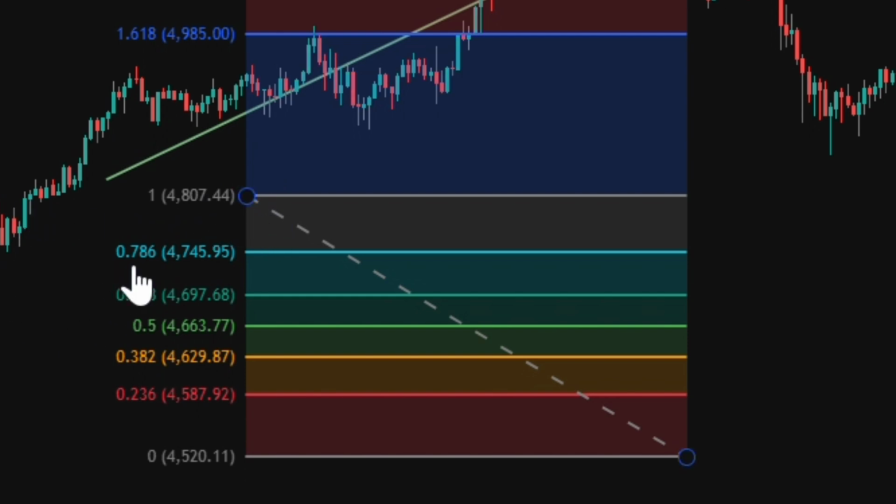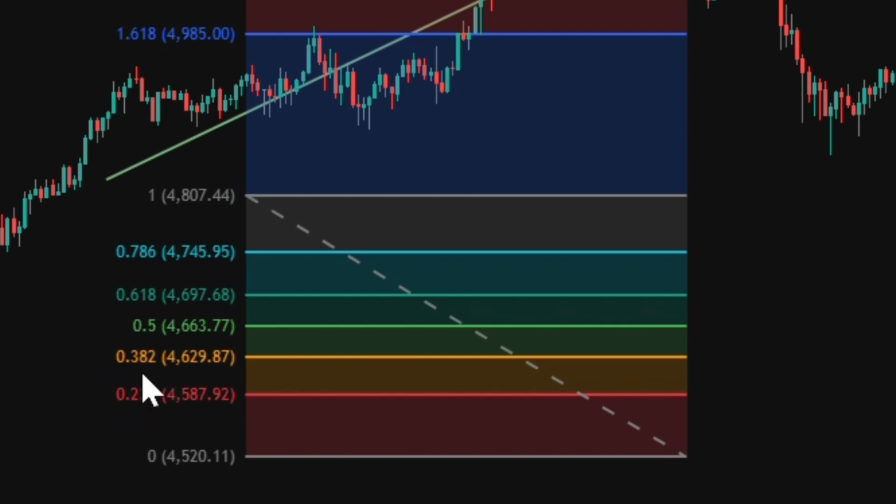Okay, this 0.786, it is for trend reversal. 0.618 is usually used on a lower time frame to get a sniper entry. 0.5 is used on a higher time frame to get entries. 0.382, this is how we get the higher highs and higher lows.